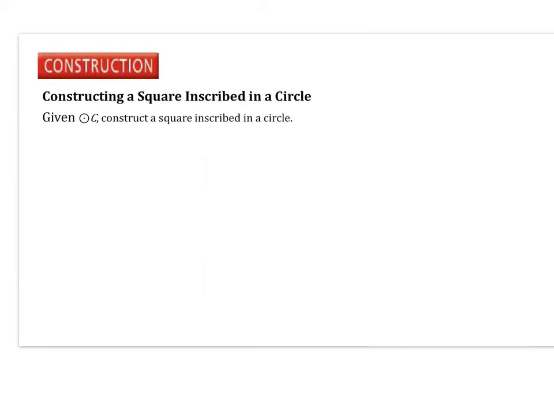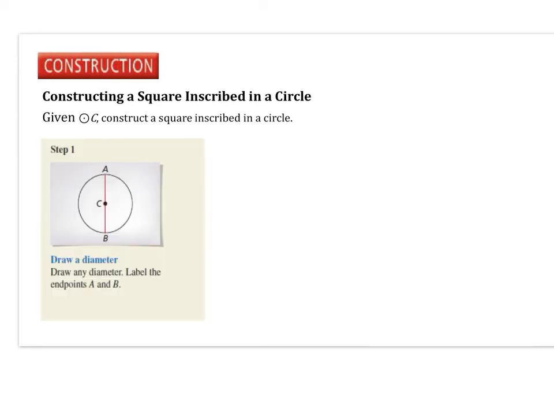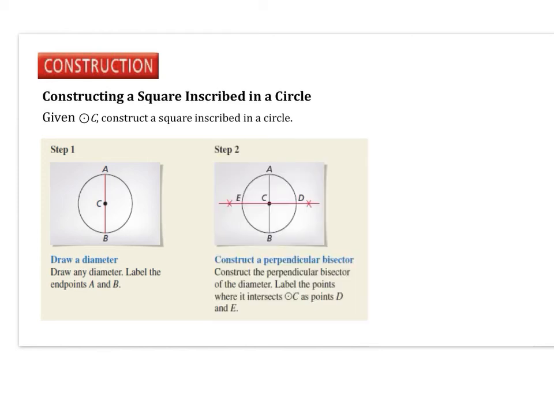All right, here's our next construction in Unit 10. Let's construct a square inscribed in a circle. So given circle C, construct a square inscribed in a circle. So go ahead and sketch your circle. Doesn't matter the radius, but I gave you some space in your notes. So sketch out a circle using your compass. First step, draw in the diameter and label the endpoints A and B. Step 2, construct a perpendicular bisector of your diameter AB.